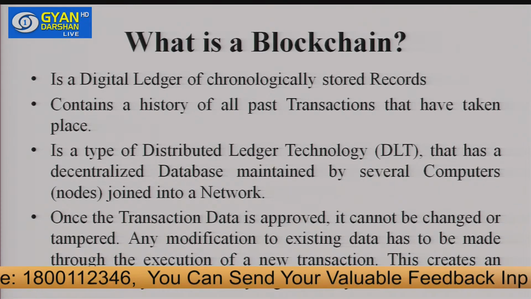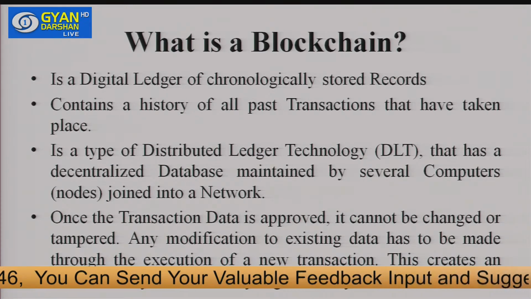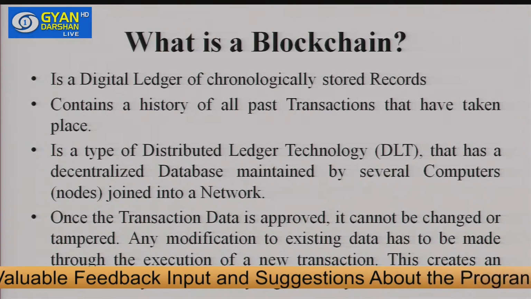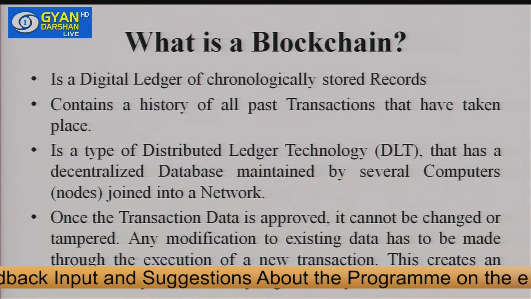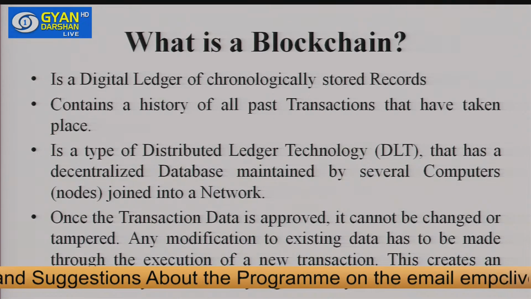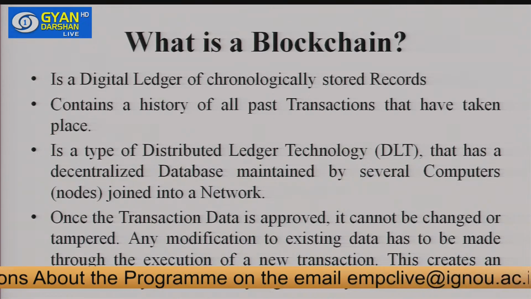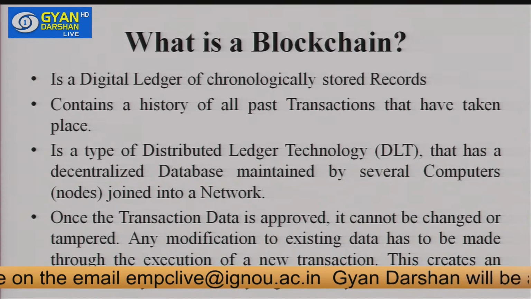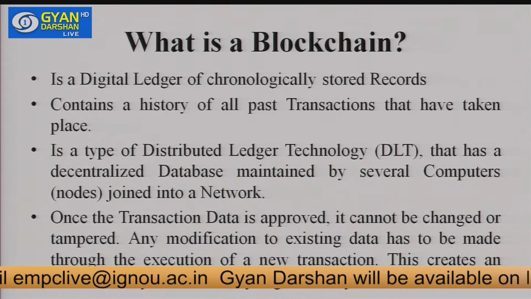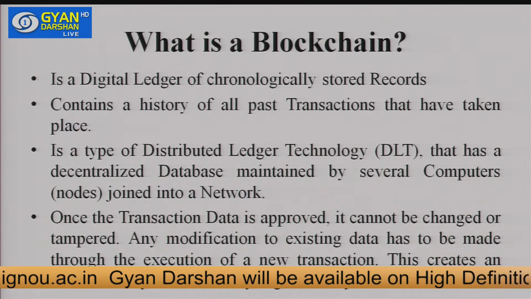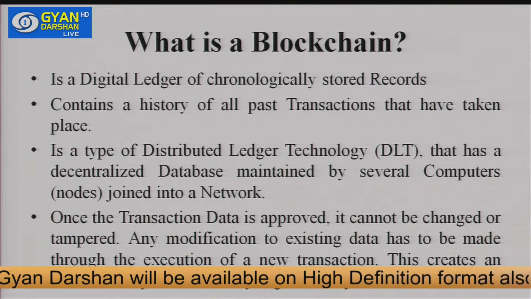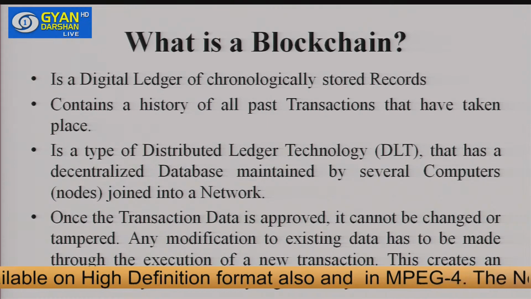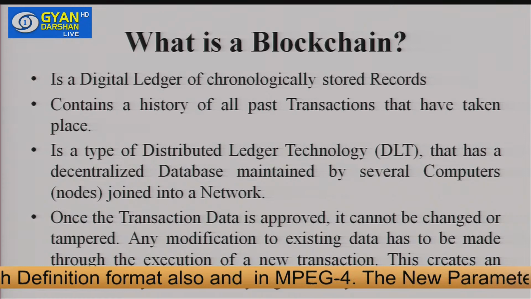It contains a history of all past transactions that have taken place. Whether it is an old transaction or a new transaction, it is available in that blockchain. It is a type of distributed ledger technology that has a decentralized database maintained by several computers or nodes joined into a network.